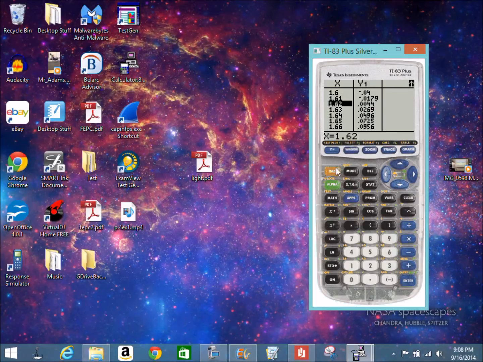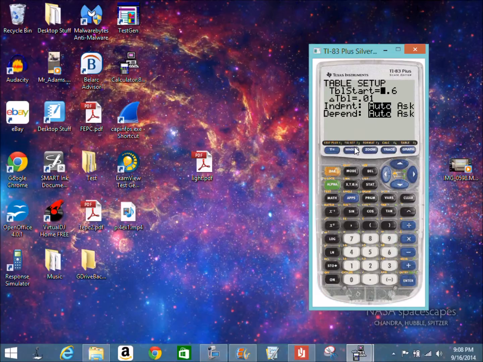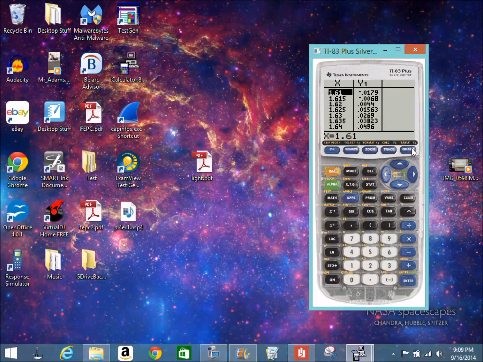So I can fine tune this even more by coming in and saying 1.61, right? And now I'm going to count by 0.05. Okay, and so now what I'll do is look at this. Now I'm really honing in on it. So it's between these two numbers.